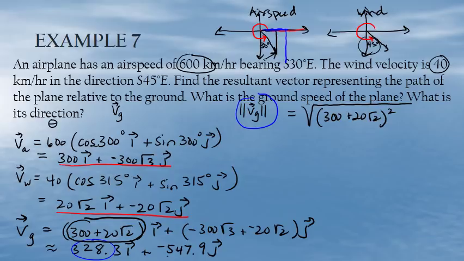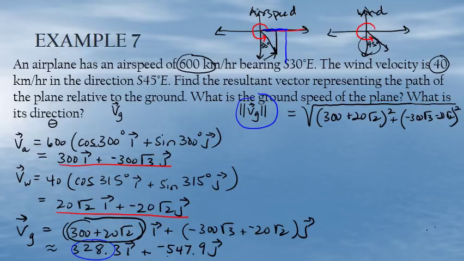Yes, I could put 328.3 and square it, and that would get me pretty close. And then plus, I'll try to fit it all in, negative 300 root 3 minus 20 root 2 squared.